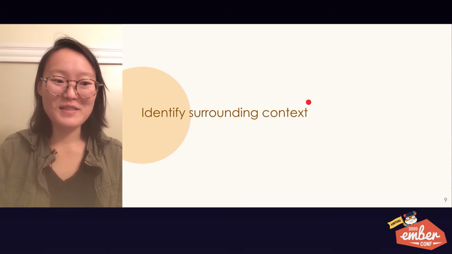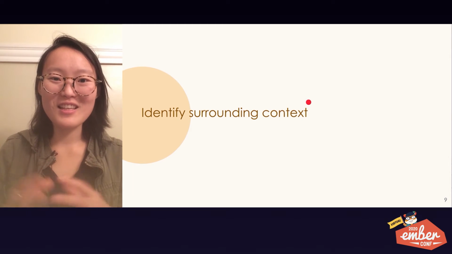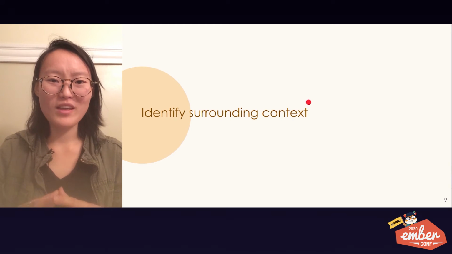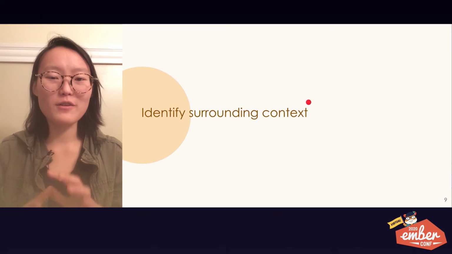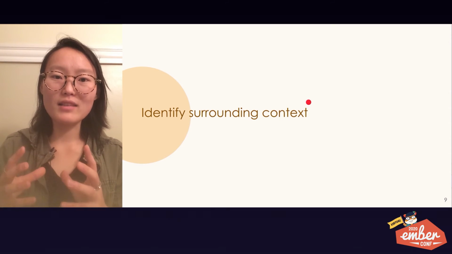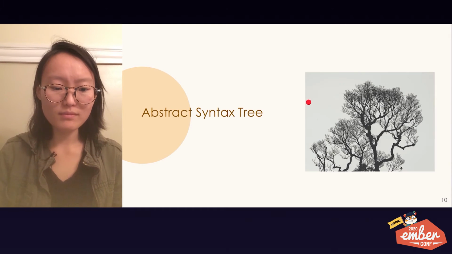All right, so I've been throwing a lot of questions at you, and maybe you've been curious what the answer is. All of those tools have very similar problems to solve, which is to identify the context surrounding a particular line of syntax. How does it do it?